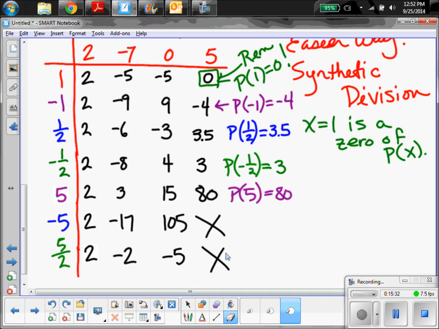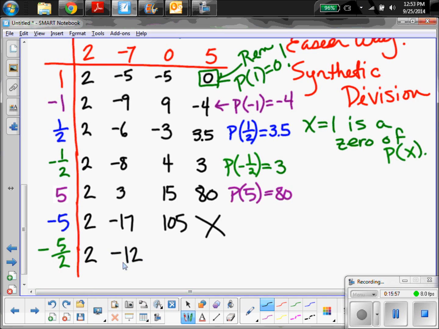I'm out of room, so let me try negative 5 halves on that same line. I don't want to lose the top of my chart for you. So 5 halves doesn't work. The last one I need to check is negative 5 halves. So I've got a 2. 2 times negative 5 halves is negative 5. Negative 5 plus negative 7 is negative 12.